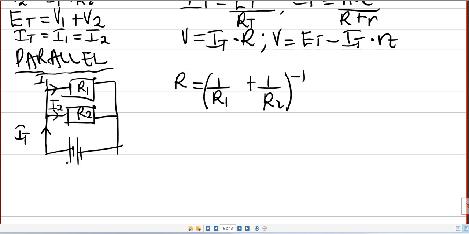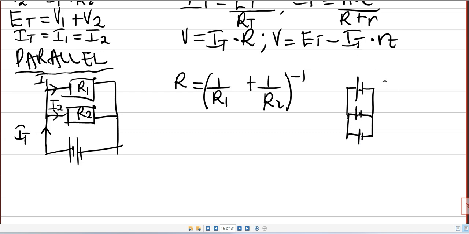For the battery here, I've represented it as though it's still connected in series. But there's a case where they may give you a battery connected in parallel. They hardly do, but it may happen.